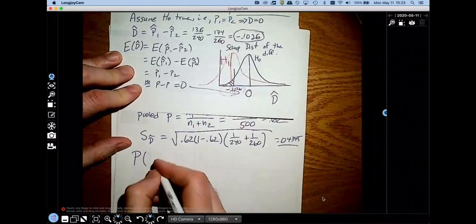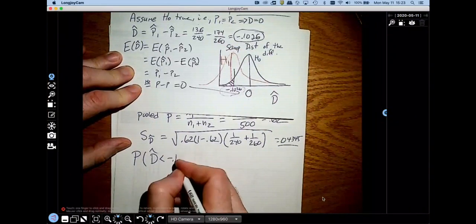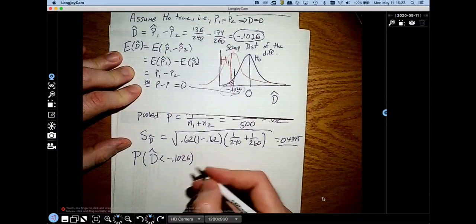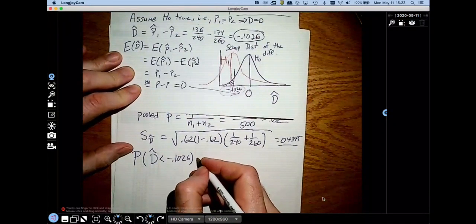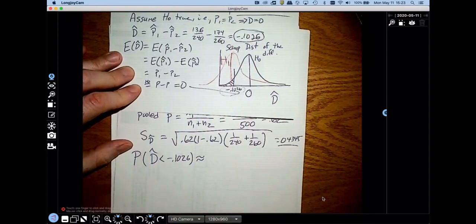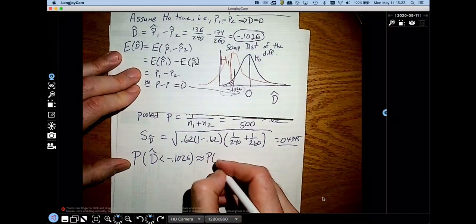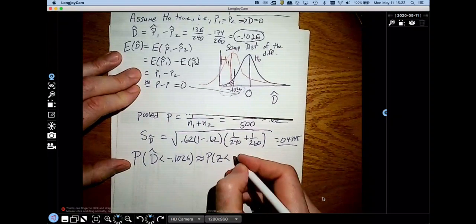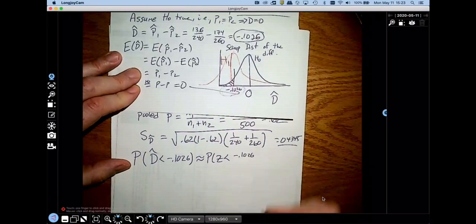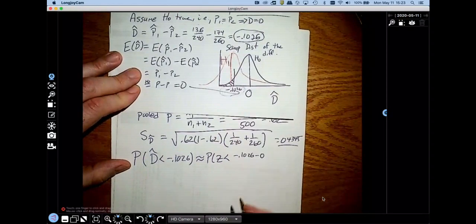What's the probability that I observe a d hat less than minus 0.1026? Well, again, we've used the normal approximation of the binomial to make conclusions about the normality of our different p hats. So this can be approximately equal to the probability of me having a z less than minus 0.1026 minus the mean, and the mean in this case is 0.